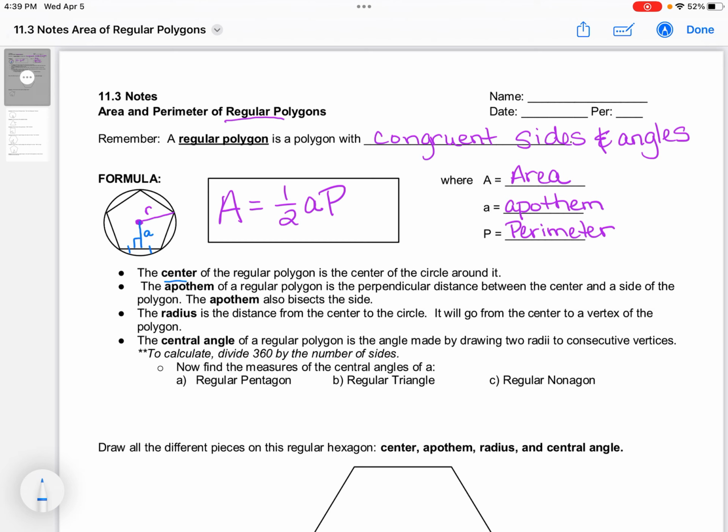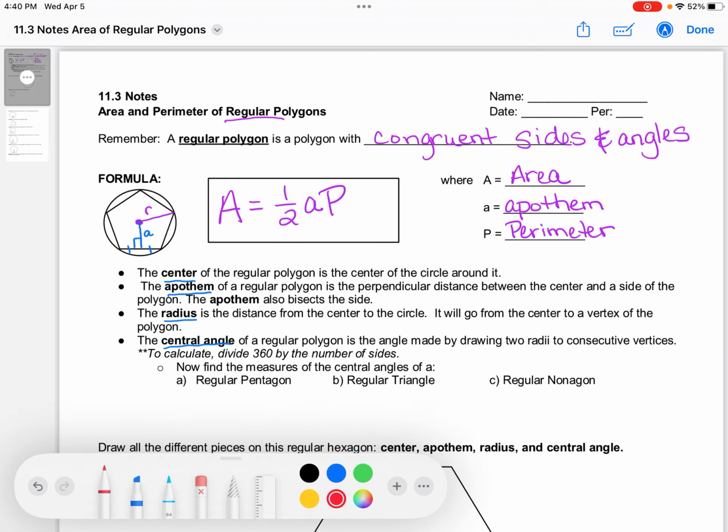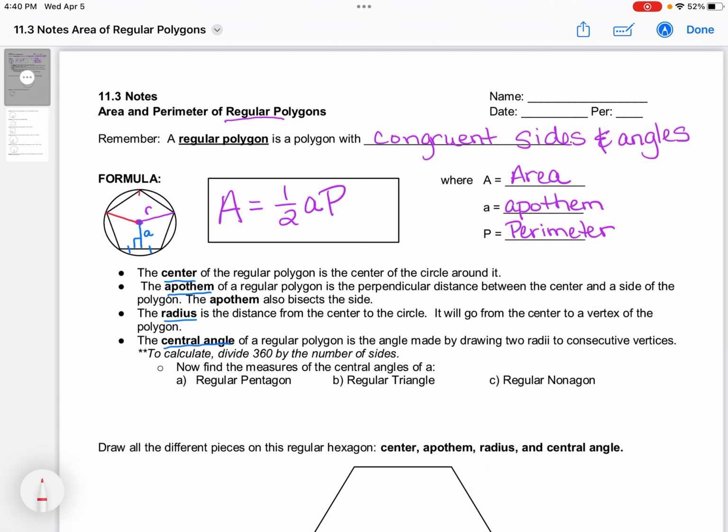Okay, so we did the center, the apothem, the radius, and we did central angles before. So the central angle is the angle between basically the radius, two corners that go from the middle right here.